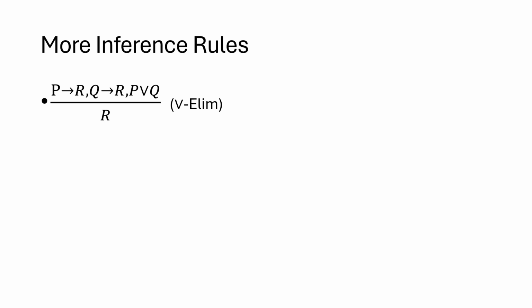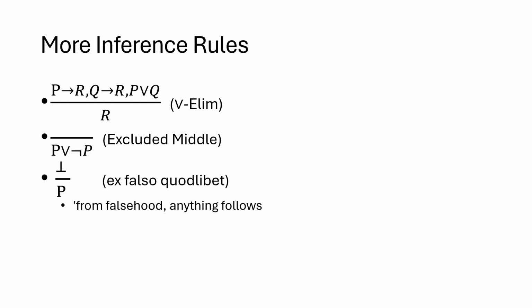This is OR introduction. This is OR elimination. And also we have excluded middle, which says without any assumption, you can always infer P or not P. And also from falsehood, everything follows. So if you have falsehood as part of your premises, then you can infer any proposition that you like. And there is OR introduction as well, and so on.